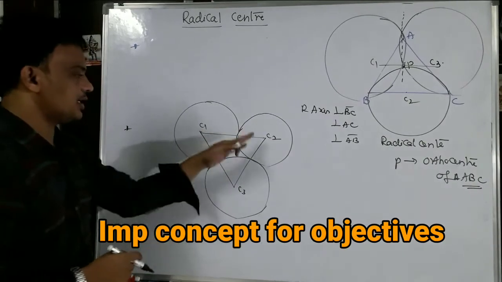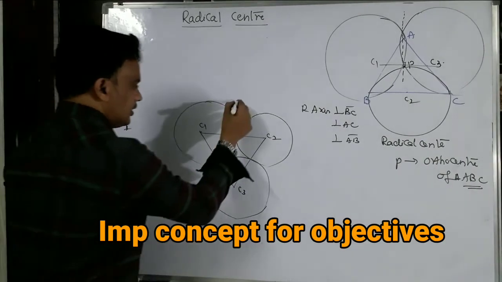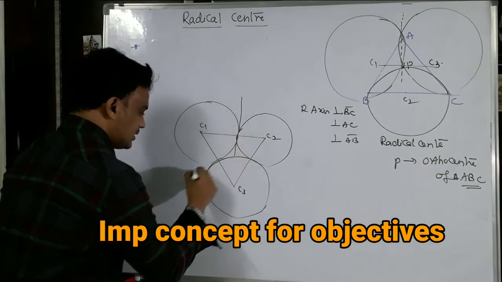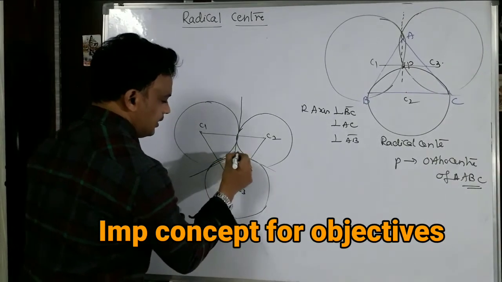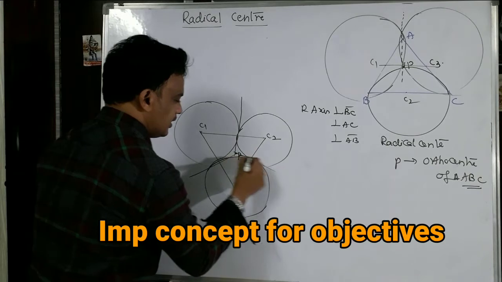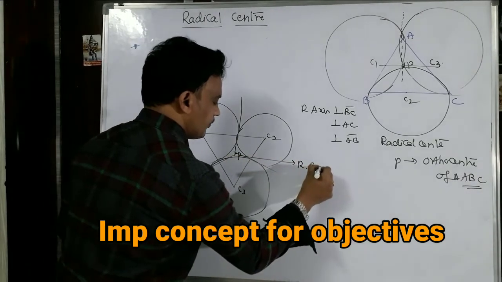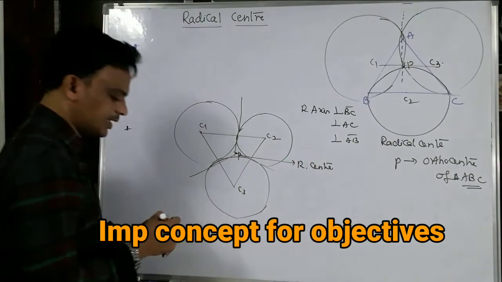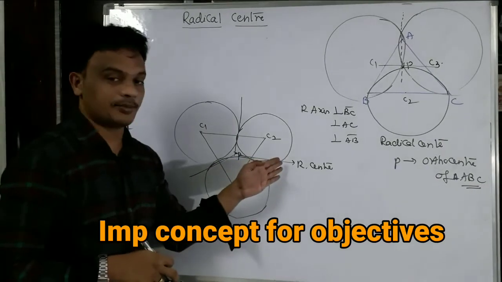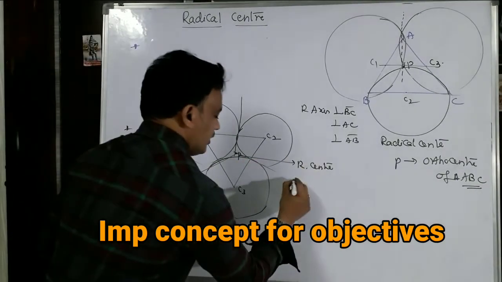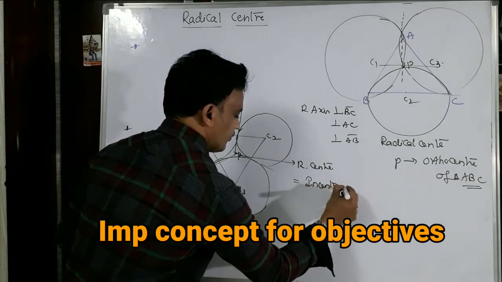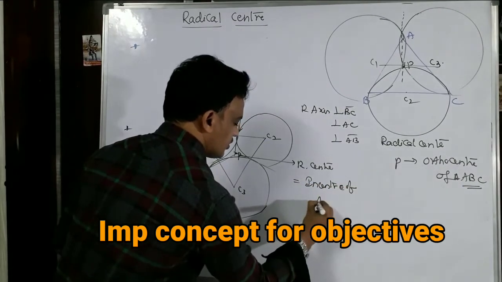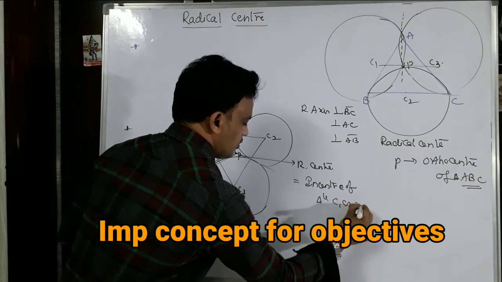By joining these you will get a triangle, and this will be the radical axis, and this point P is the radical center. In this case, the radical center is the incenter of the triangle C1, C2 and C3.